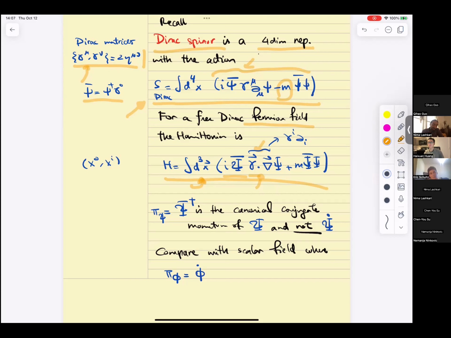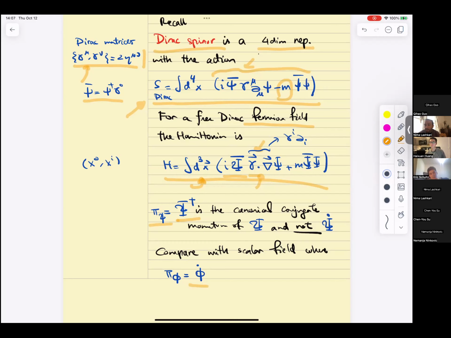All right, so this is your Hamiltonian, and then you learn that pi of psi, the canonical conjugate variable associated to psi, is psi dagger. So it's very different compared to the bosonic Klein-Gordon equation, where the canonical conjugate was phi dot. That has an important consequence.